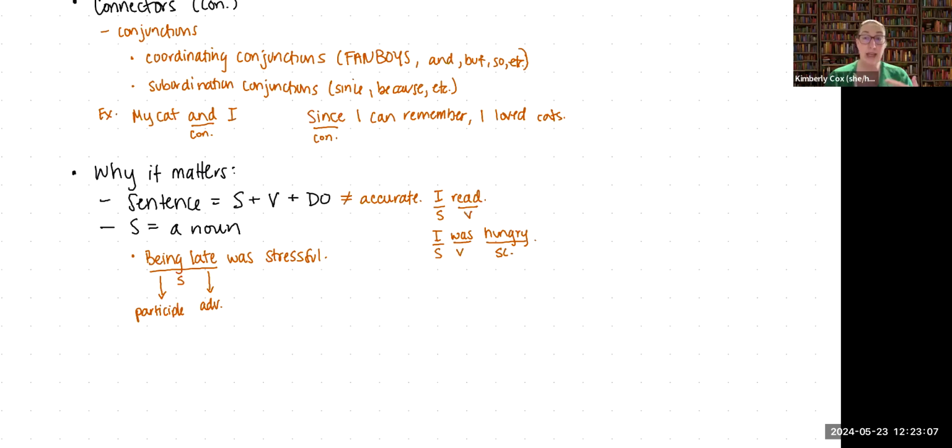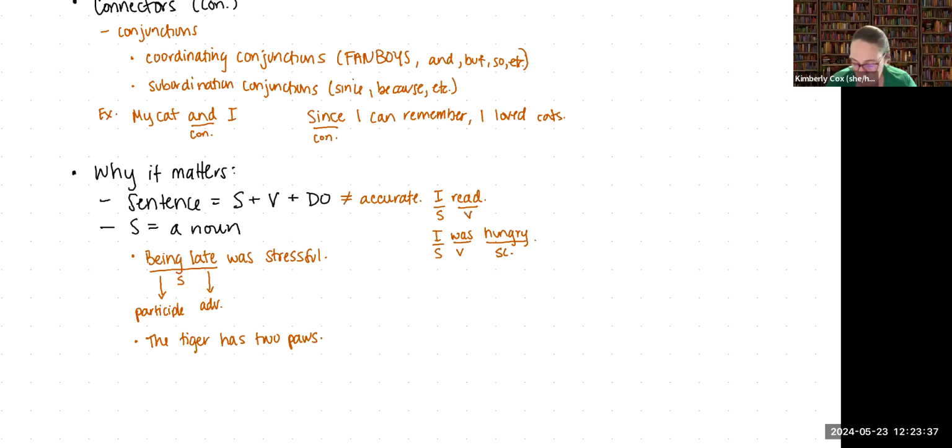Because once again, if you have a kid who's asking you about this, even though it might feel simpler to say, well, nouns are subjects, nouns can also be direct objects, right? If we were to say, the tiger has two paws, right?